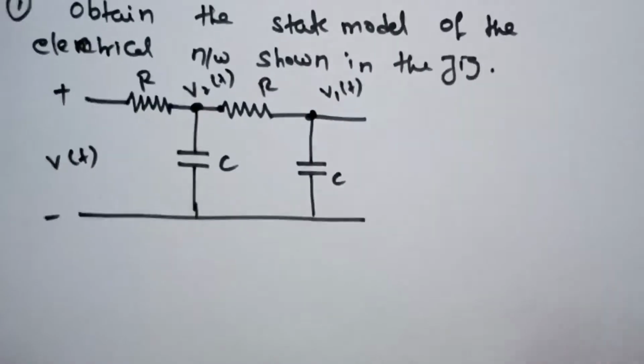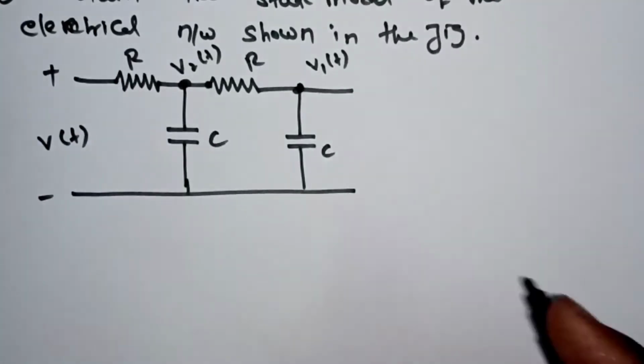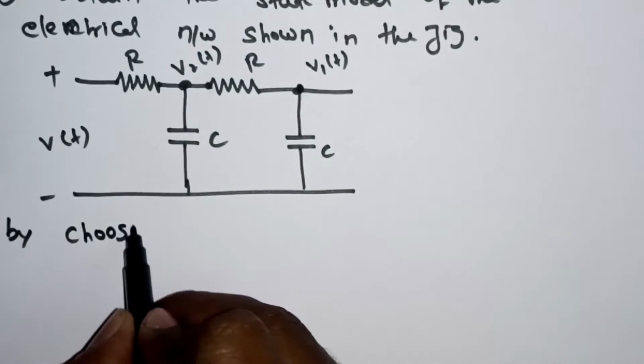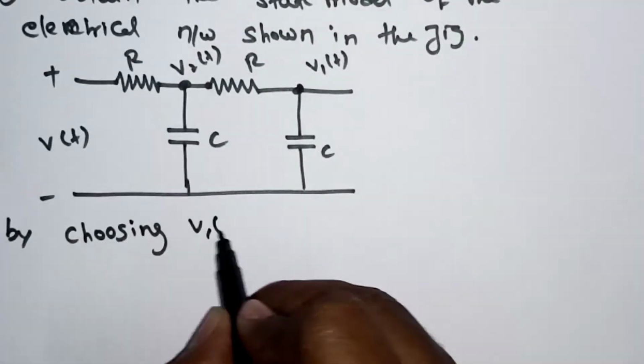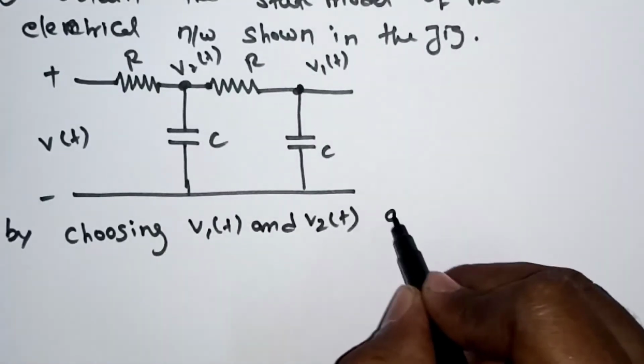So from this circuit we are going to find the state model, by choosing V1 of t and V2 of t as state variables.